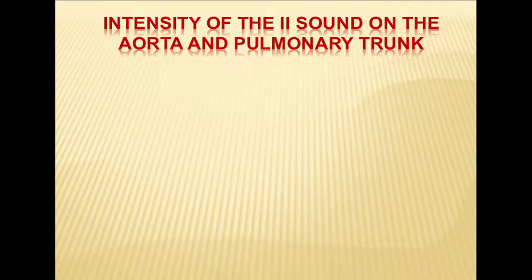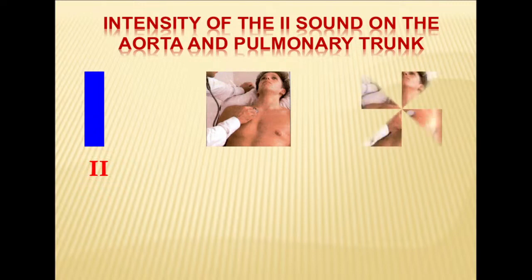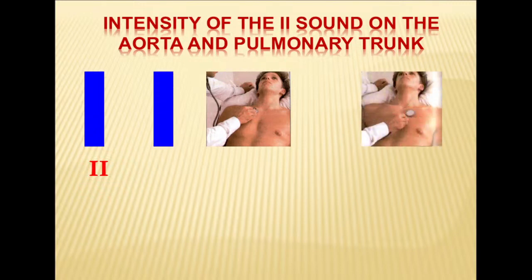Then we come back to the aorta and pulmonary trunk to compare the second sound over different points. And normally, the second sound over the aorta must be of the same intensity as the second sound over the pulmonary trunk.